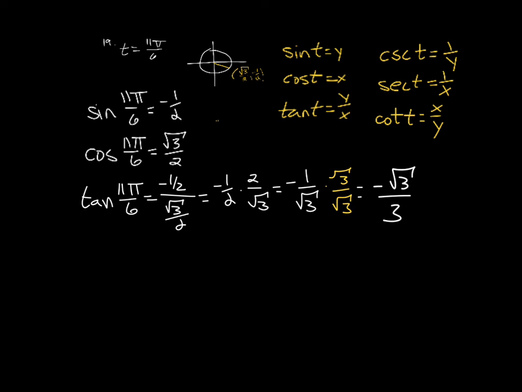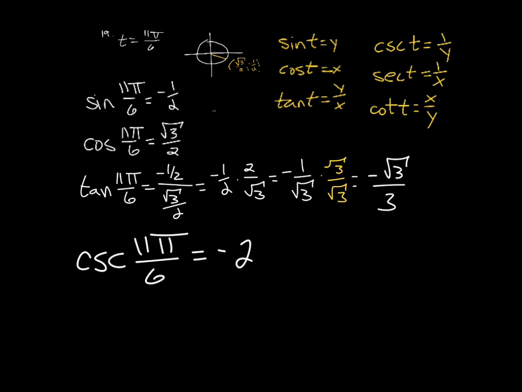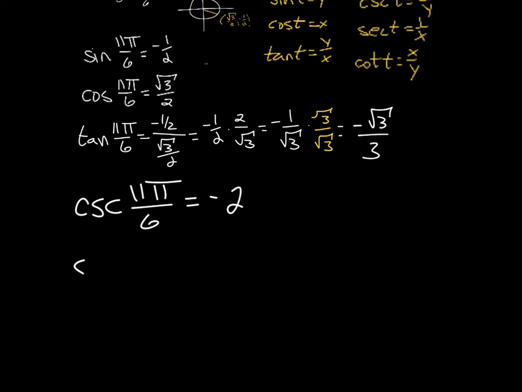And as long as you understand that cosecant is the reciprocal of sine, then you can go straight to cosecant of 11 pi over 6 is negative 2. And then secant is the reciprocal of cosine.